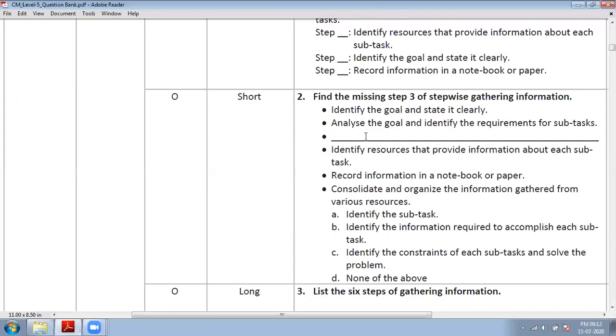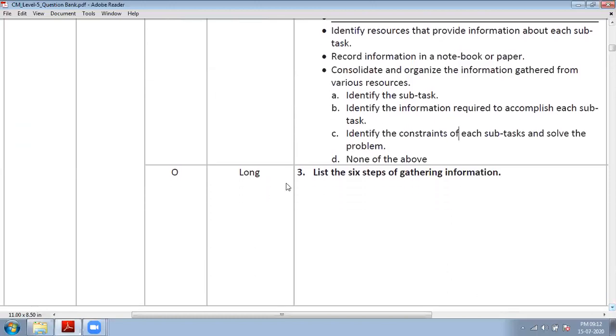The third step will be option B, identify the information required to accomplish each subtask. If you remember all the steps well, then you can easily solve this type of question if it comes in the examination.